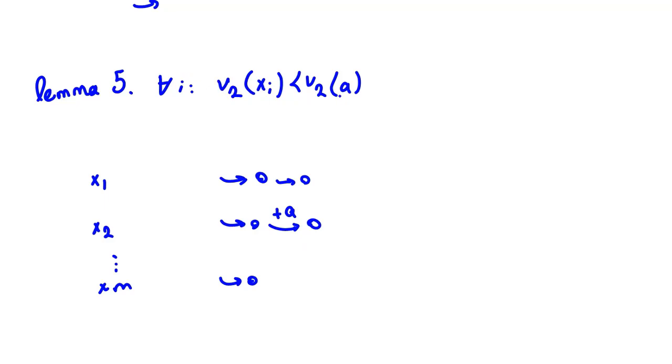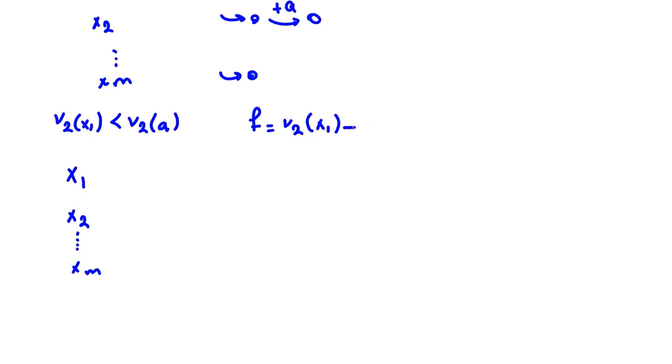Now what should we prove? We know v2 of all numbers are less than v2 of a. We should prove that it is not important what Alice does and what Bob does: regardless of their play, they always reach all m odd numbers. Let's prove this part.